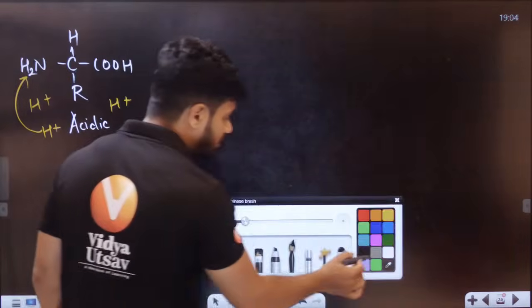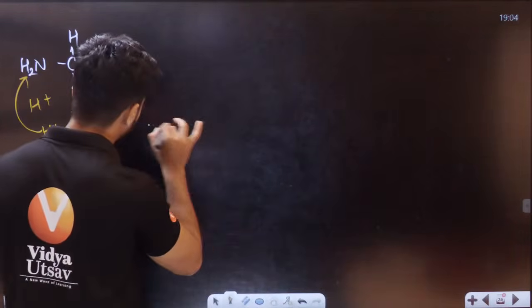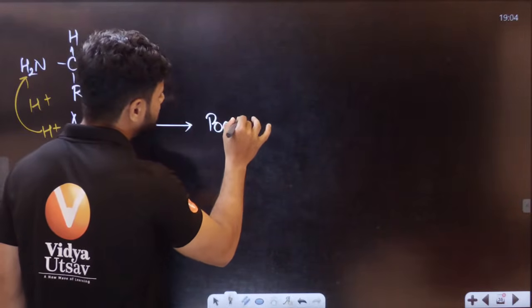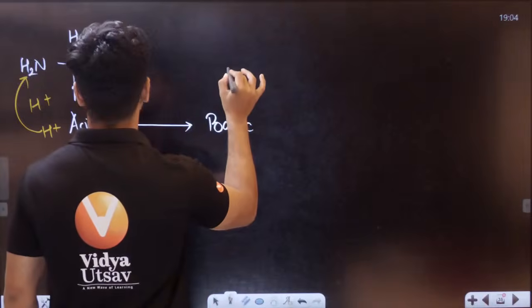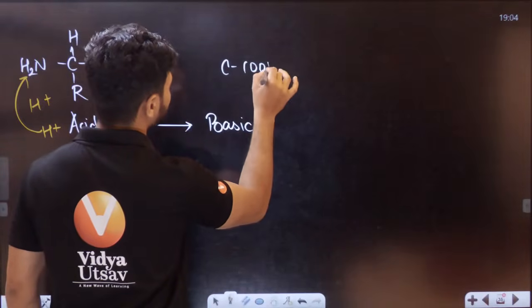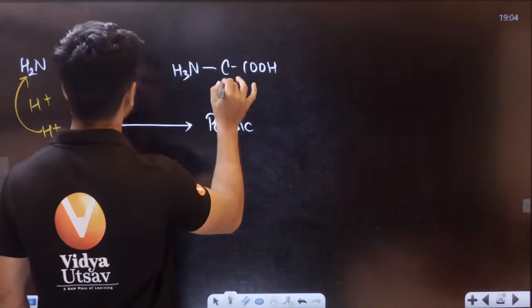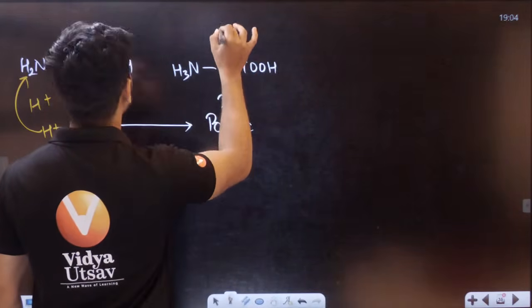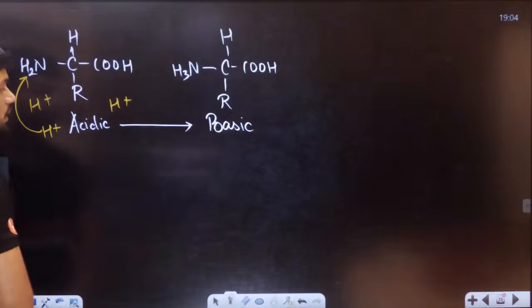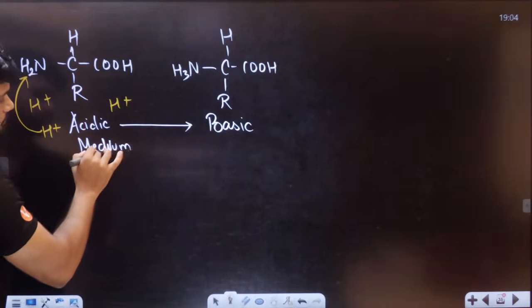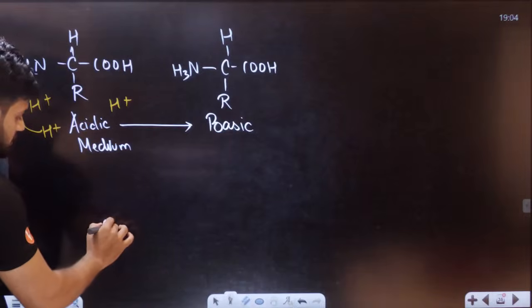So in acidic medium, the amino acid will become basic. It becomes NH3. It becomes basic in nature in acidic medium.